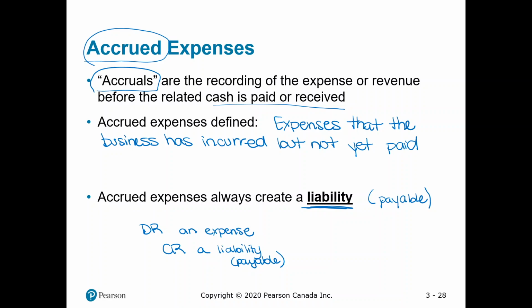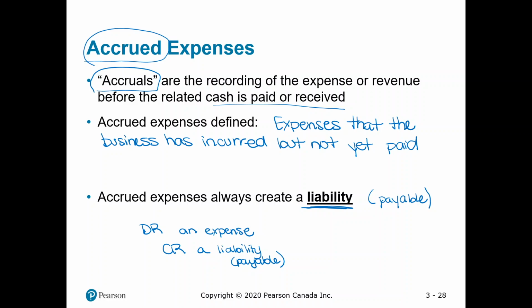So a few common ones that you would see for accrued expenses are payroll. Often a pay period doesn't end and get paid exactly at the end of a month. It typically would run over that period end. So we need to accrue that payroll, book the expense related to the month we're talking about. Interest expense on loans is also very common.